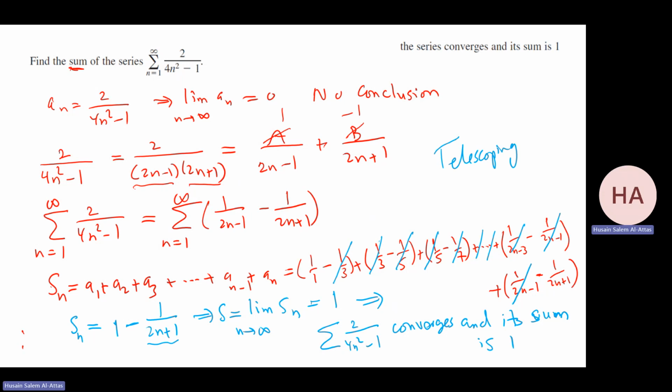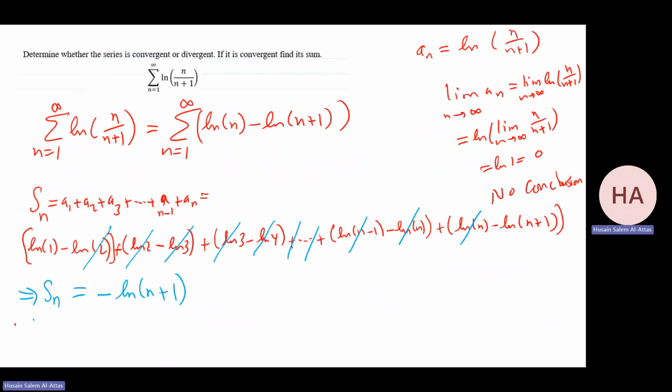Just to be sure. Okay, so what I need to find is S, which is the limit of Sn as n goes to infinity. That will be what? Infinity plus 1 is infinity, then ln of infinity is infinity, so that is minus infinity. So the series, what will happen in this case?